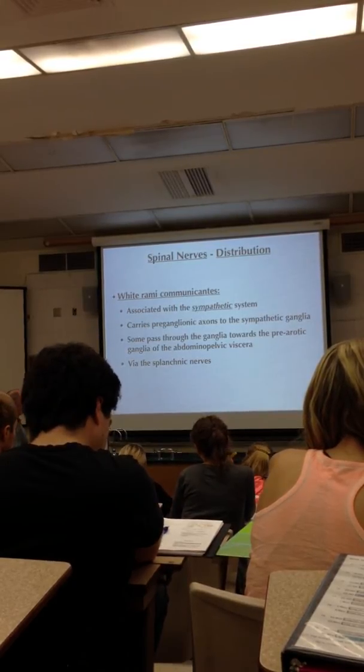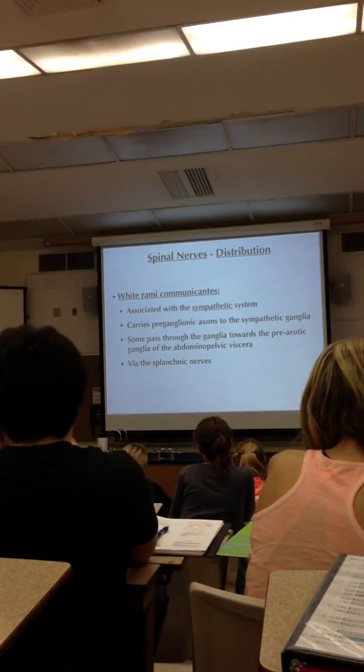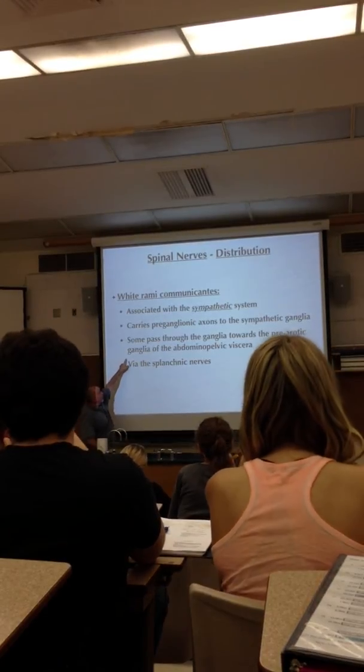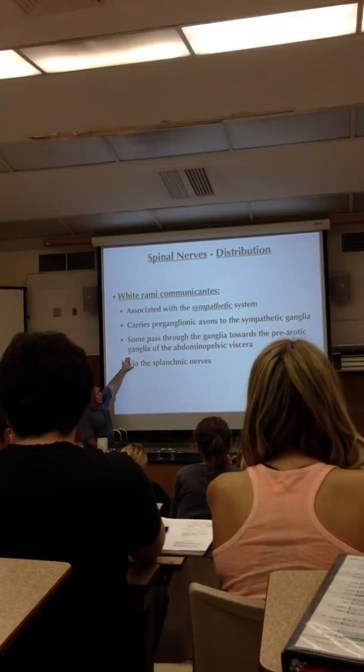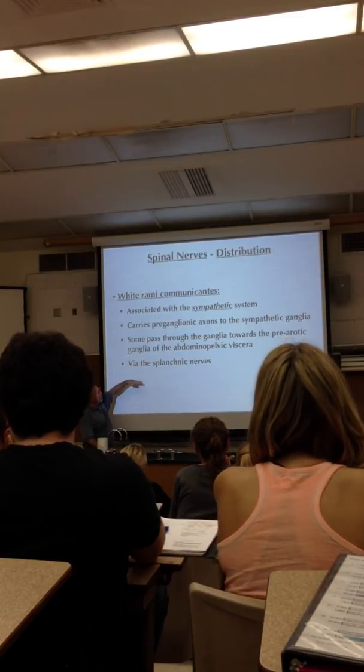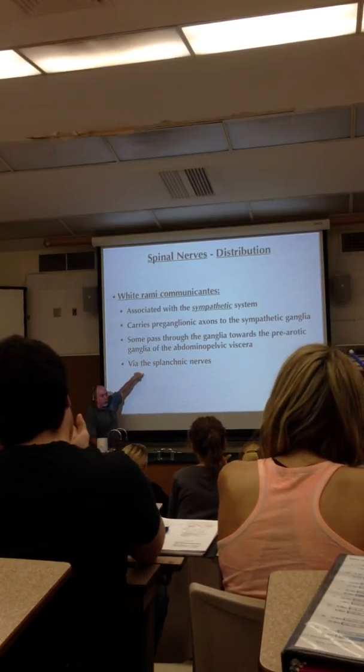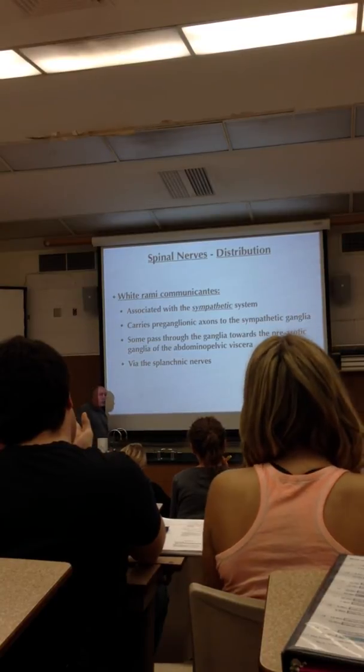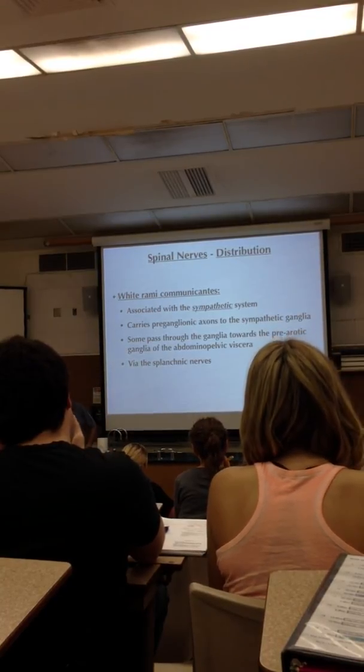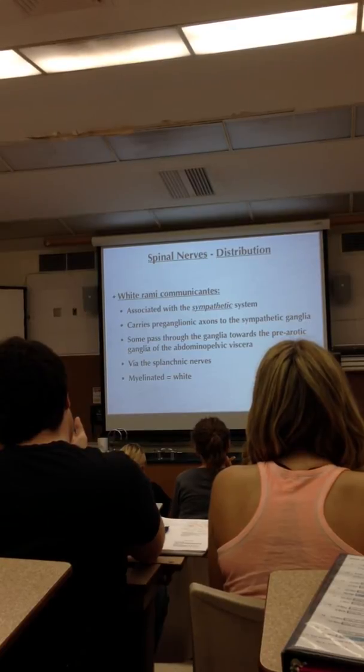So this first one comes out, and it's going to pass through the ganglion, or it can synapse in a ganglion, and we're going to look at other pathways that it can take. One of them is called splanchnic nerves. Don't worry about this. But it's myelinated.